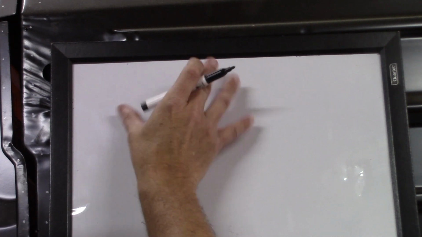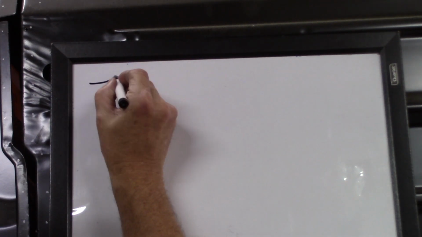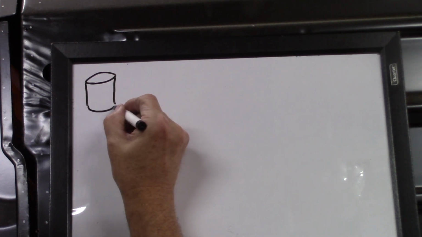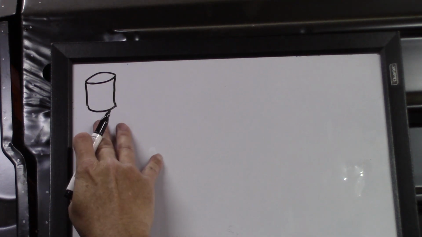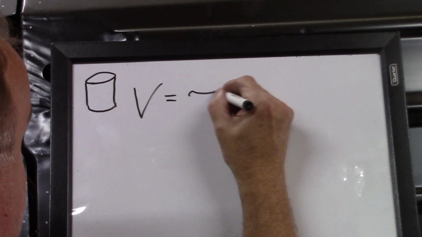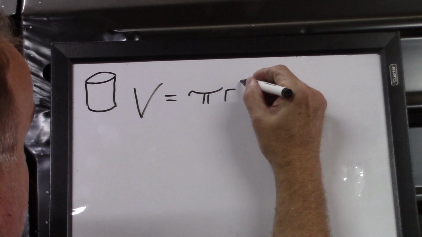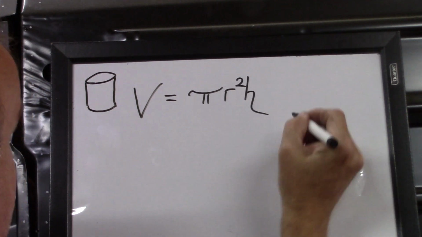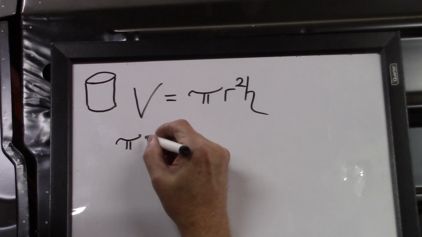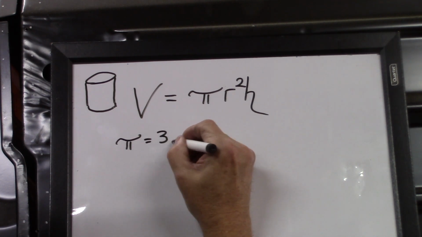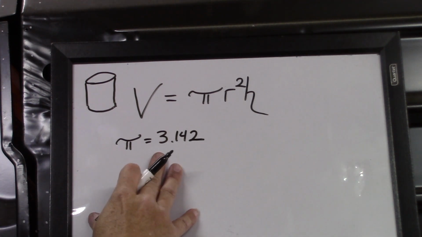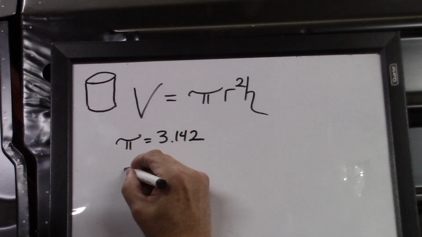With any math problem, you always start with what you know. So, we're going to treat my bore like a cylinder, which it is. And the volume of a cylinder equals pi r squared h, where pi equals 3.142, and it's unitless, there are no units.